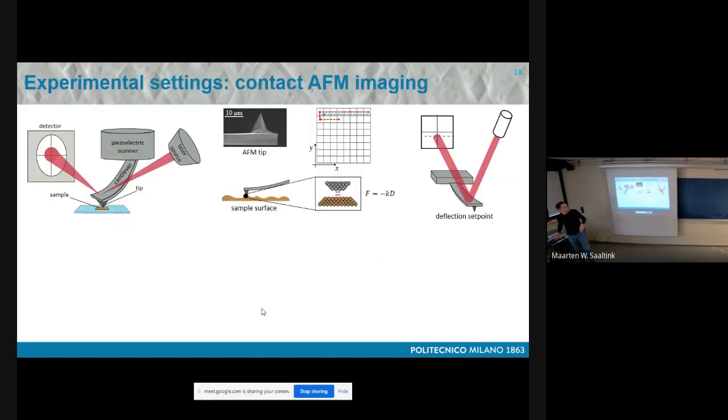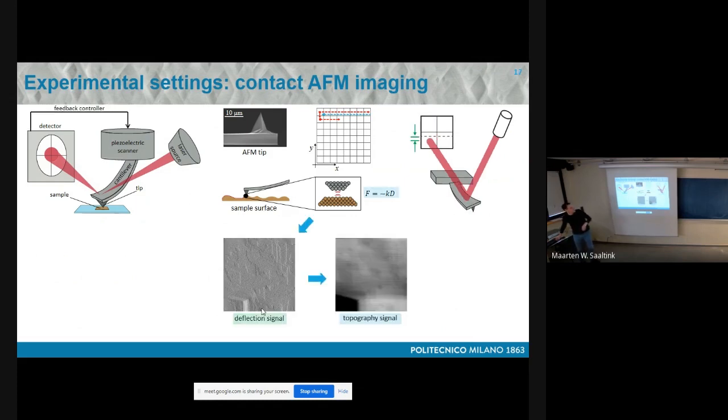So this is more or less a synthetic description of the apparatus. Essentially you have a piezoelectric scanner, a lever, a tip, and the sample is here. Then you have a detector. The tip in these experiments that I'm showing you is in contact mode. We are starting with non-contact mode experiments, but they are not working for the moment.